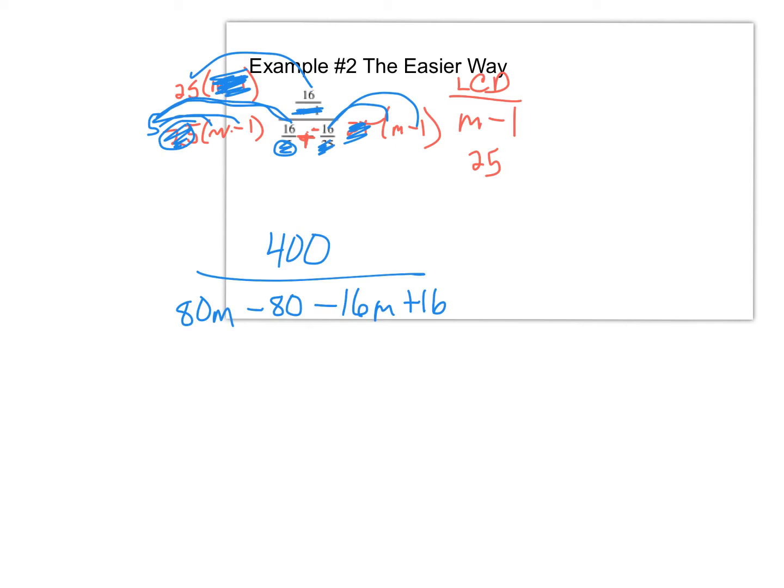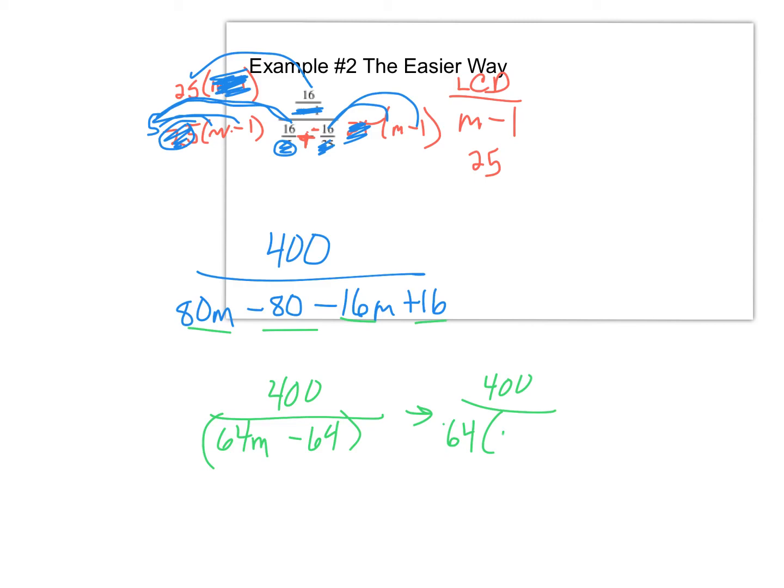Okay, so now let's clean up that bottom. So 400 over, now 80m minus 16m, that's going to be 64m. Negative 80 plus 16 is negative 64. Okay, so now let's factor the bottom. 400 over, you take out 64, leaving m minus 1. Okay, now you're just reducing.